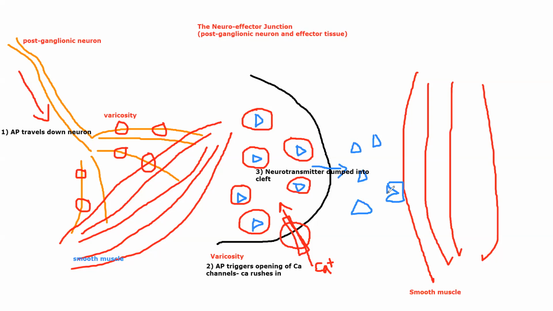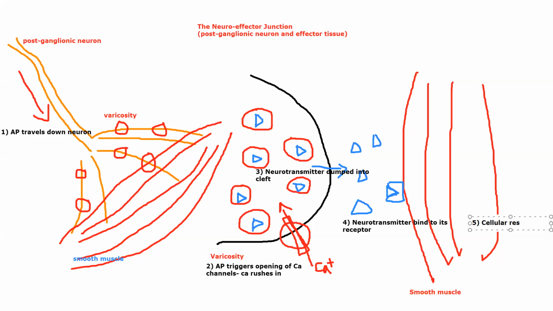And so our neurotransmitter binds to this receptor, and that's the 4th step here in this sequence of events. So we got step 4, the neurotransmitter binds to its receptor. Alrighty. And then the fifth step here is basically cellular response.